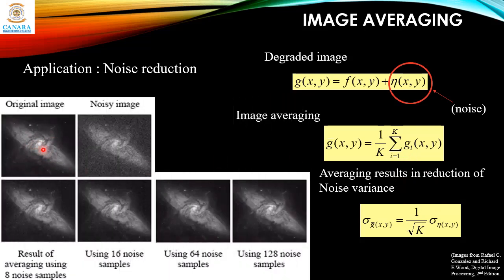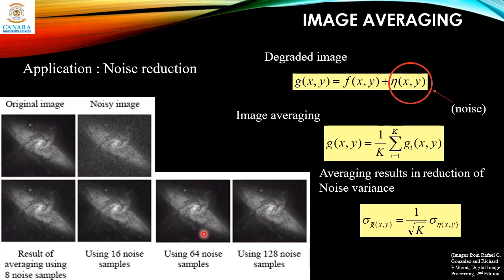So this is the original image taken by NASA of a galaxy, and this is one such noisy image. If you take 8 such noisy images and take the average of it, this is the enhanced image that you can see. And if you increase the number of noisy image samples to 16 and then average and take the final image, this is the result.